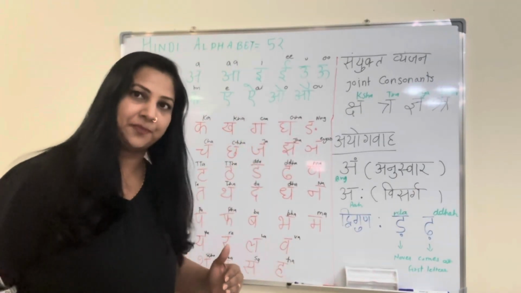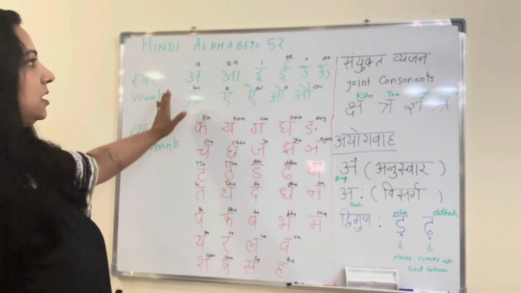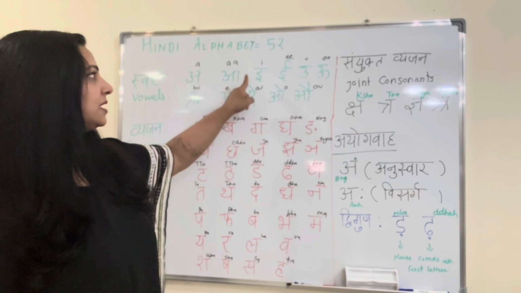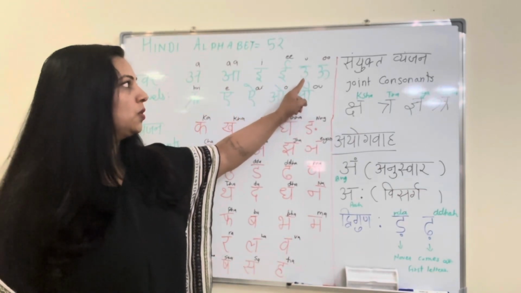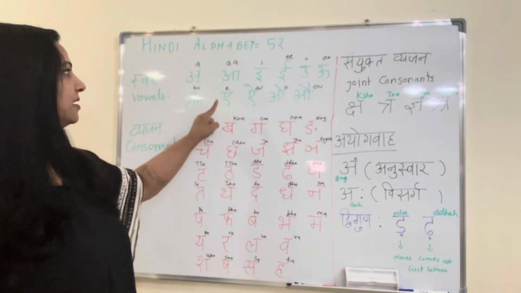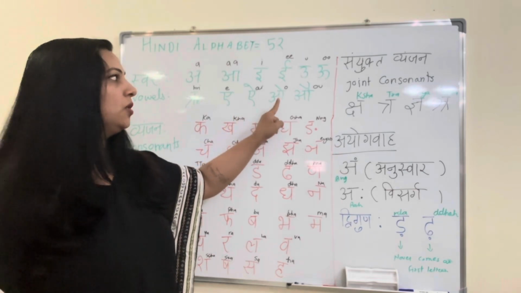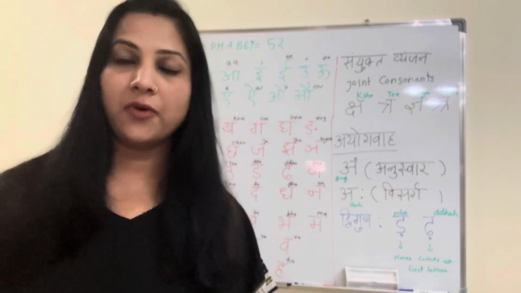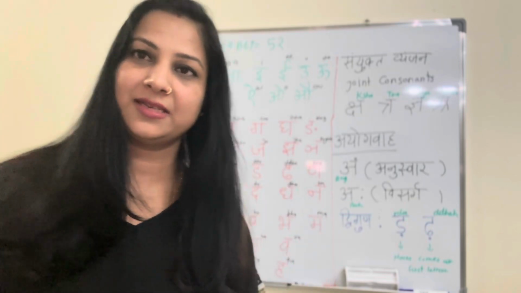So first let's talk about swar as a quick revision. a, i, u, re, e, o. These are our Hindi vowels which we already learned yesterday.